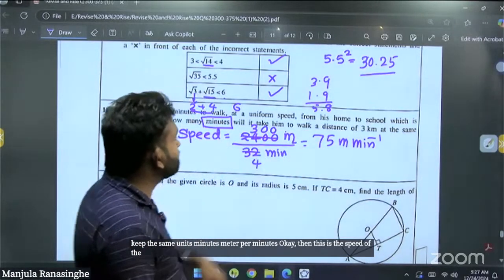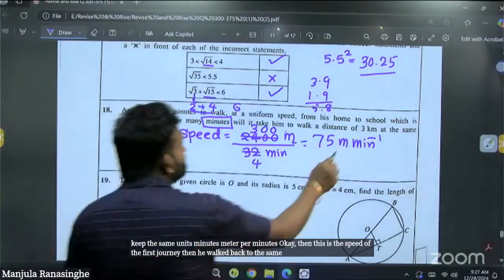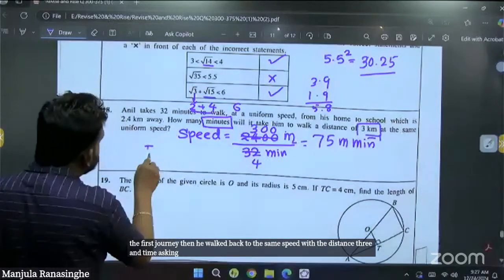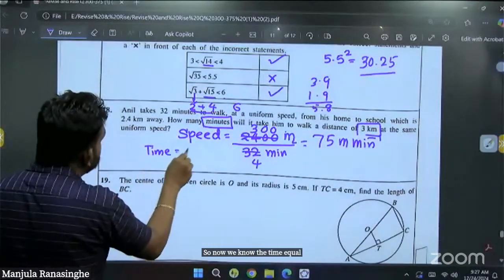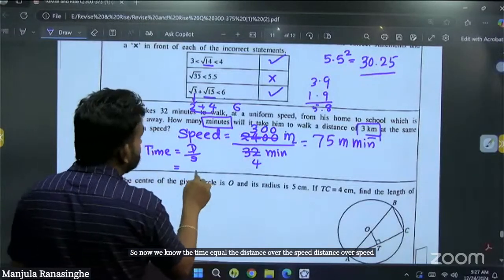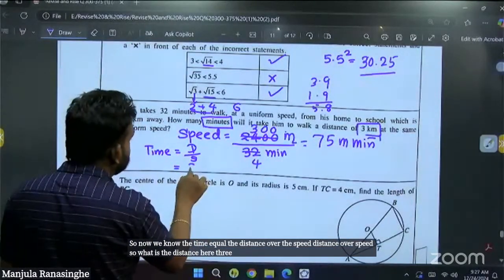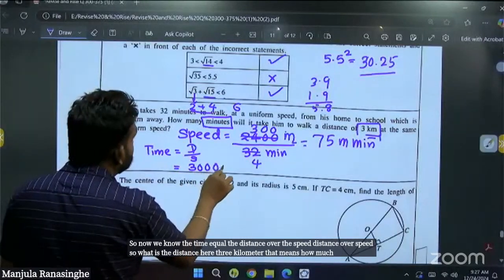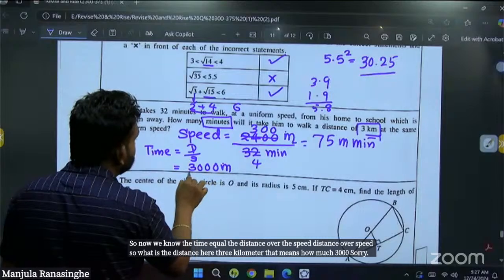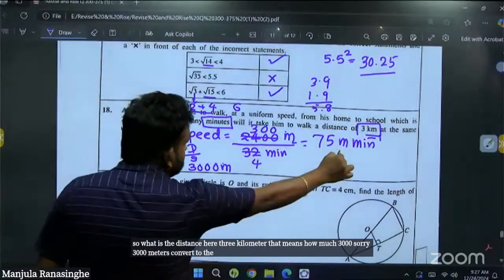Then he walked back at the same speed with the distance 3 and the time is asked. So we know that time equals distance over speed. What is the distance here? 3 kilometers. That means 3,000 meters. Convert to meters because the speed is in meters.